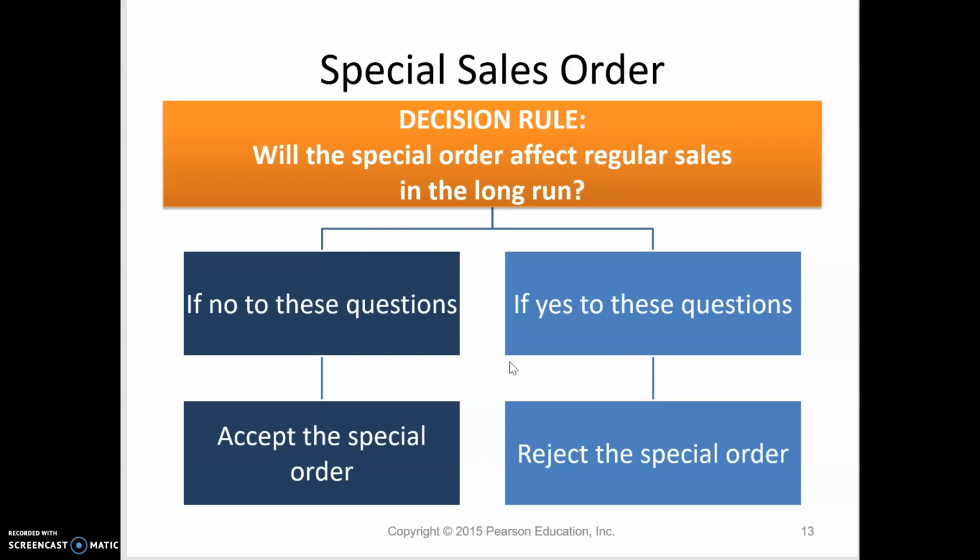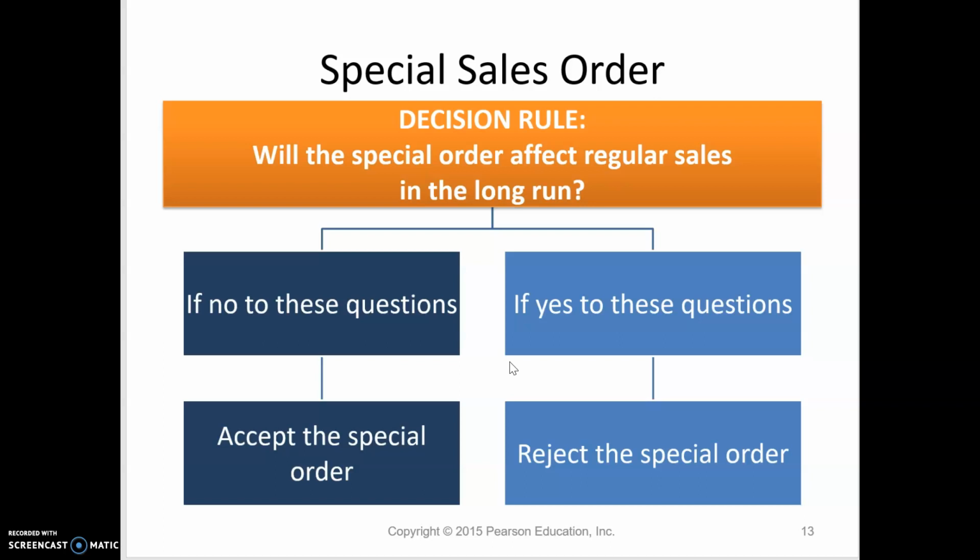And then if the numbers say we should take the order, if we can see we'll increase operating income with this order, and our inclination is to accept it, we still need to ask ourselves about the qualitative factors. Will this special order affect our regular sales in the long run? Is this customer going to come back a month from now and want that same special sales price?